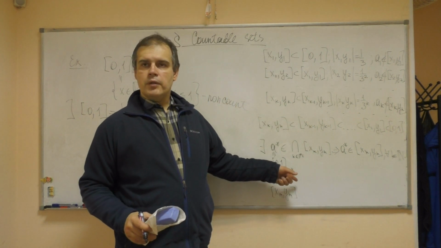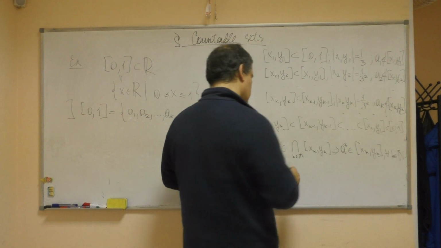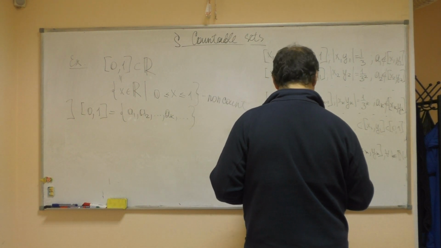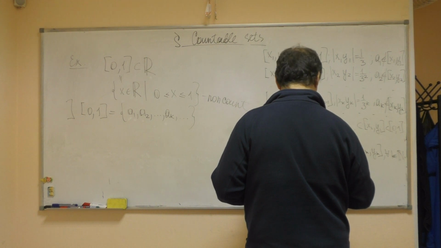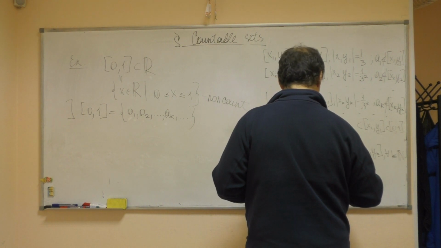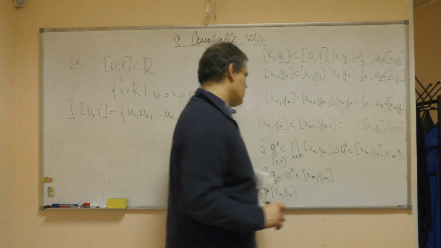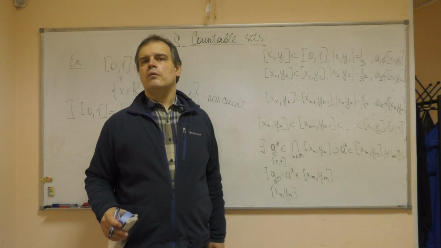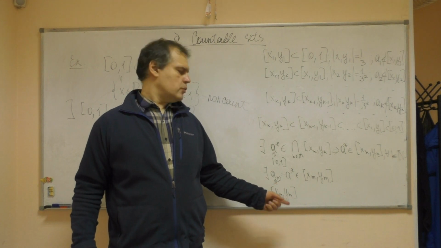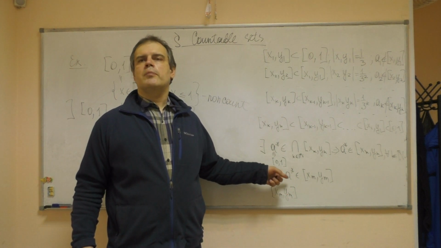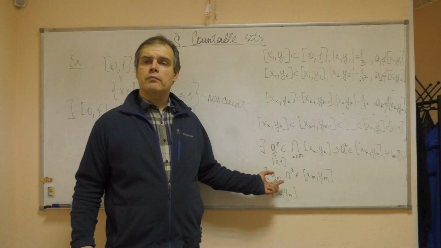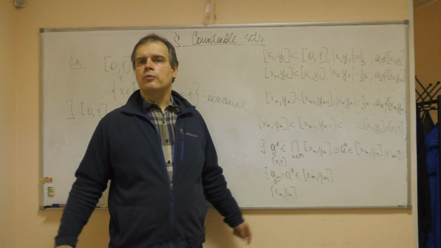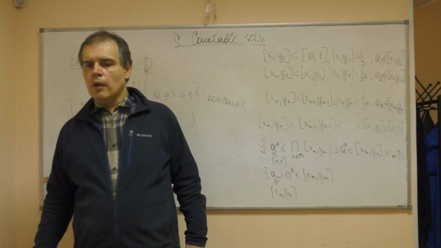And the element a star belongs to each segment, and of course to this one in particular. So we have a classical contradiction. The same element needs to belong to the segment and also cannot belong to it.